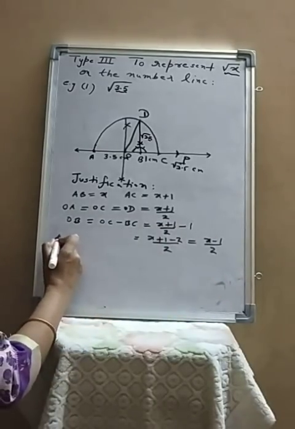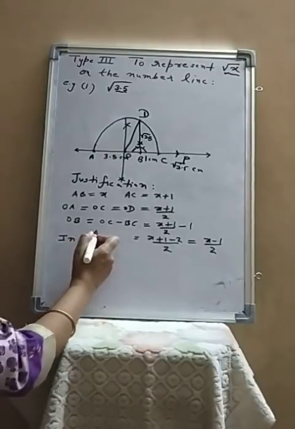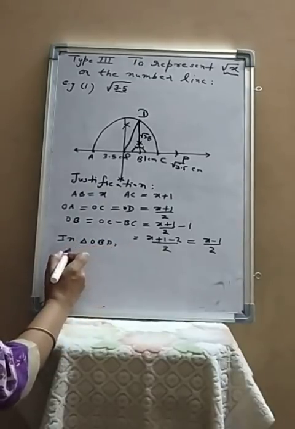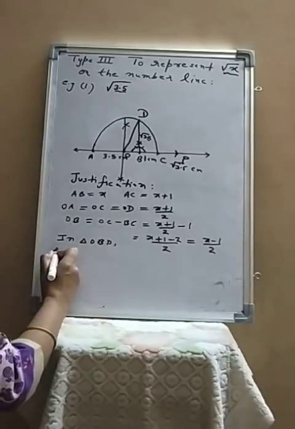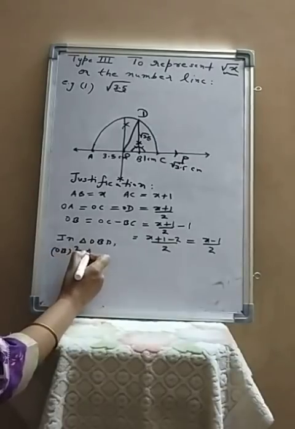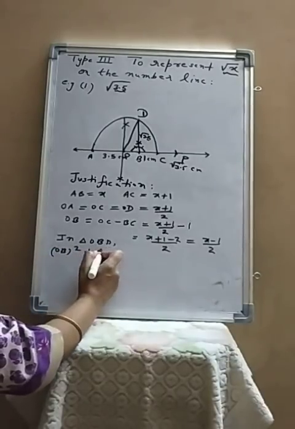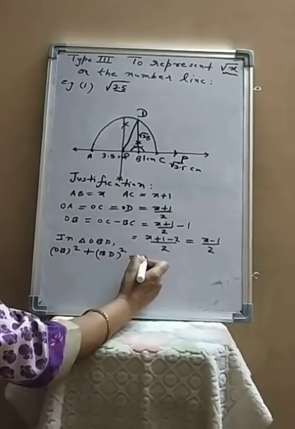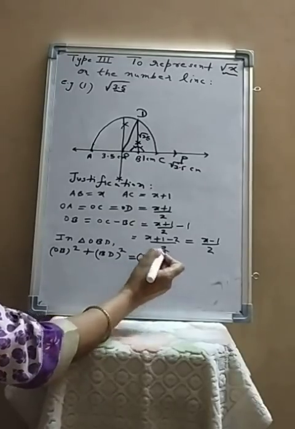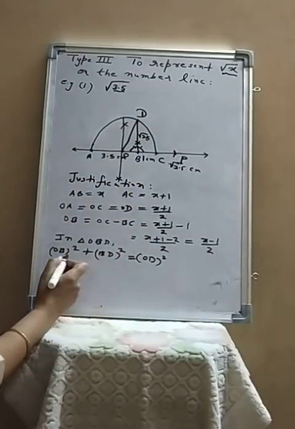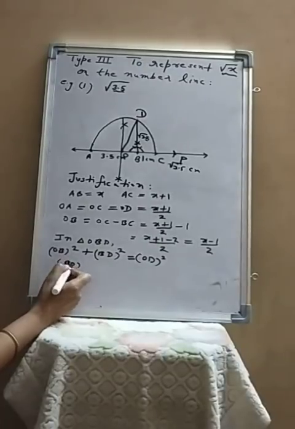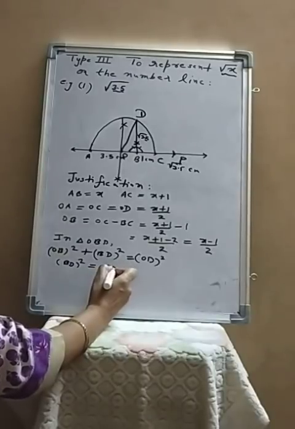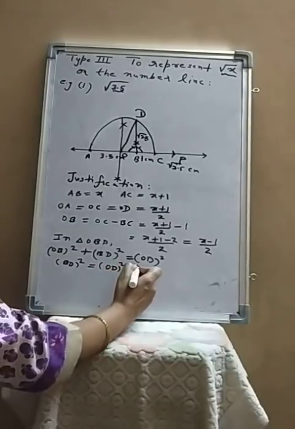Now apply Pythagoras theorem in triangle OBD. If you apply Pythagoras theorem, then we have OB square plus BD square is equal to OD square. We want to calculate the value of BD, so let us keep it on LHS and put the values of OD square and OB square in the next step.